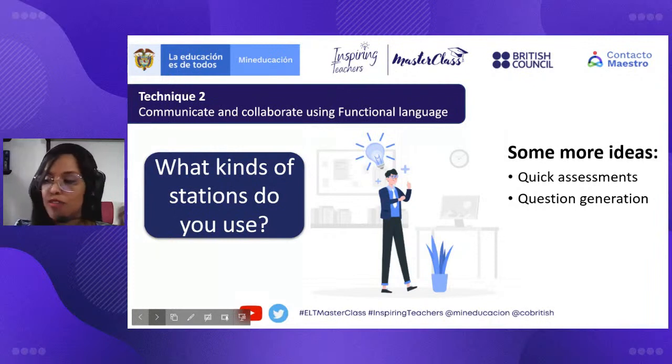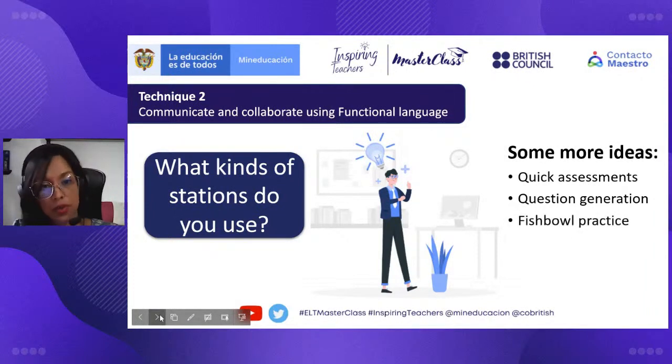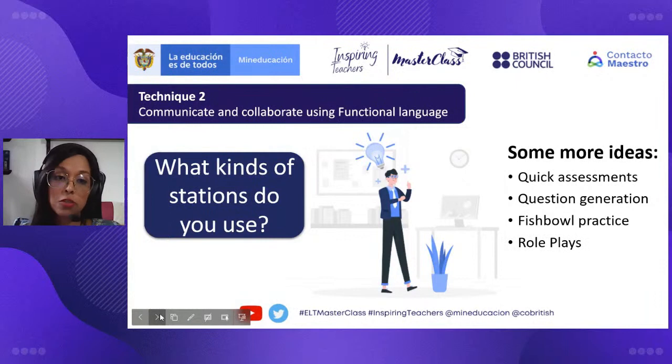And be able to solve their doubts, or ask each other questions and get peer answers. Finally, we can have some fishbowl practice where maybe 2 students are practicing and the others are observing, right? And finally, we can have role plays where each partner in the small groups, you can get them into partners and be able to do role plays and have them practice the language.